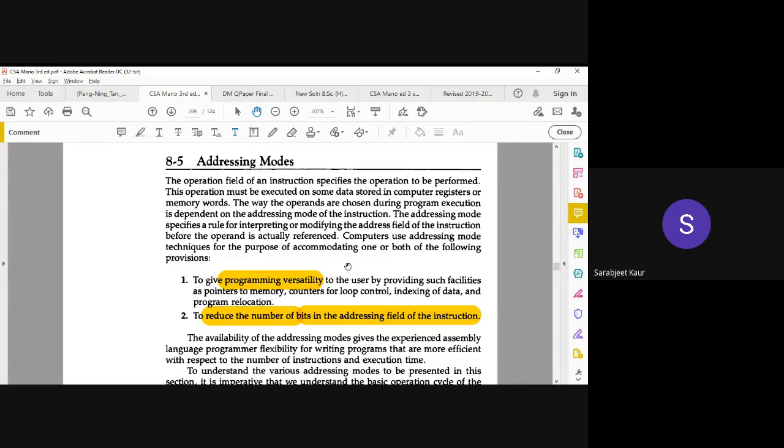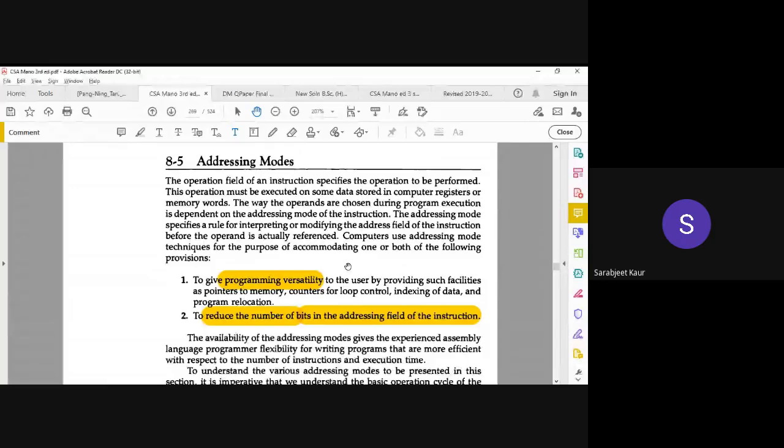So if there is a low level programmer, which initially there were only low level programmers, right? And he has to write down a program in a low level language, then he obviously needs constructs to loop, right? To use things like if then else, to use pointers, right?